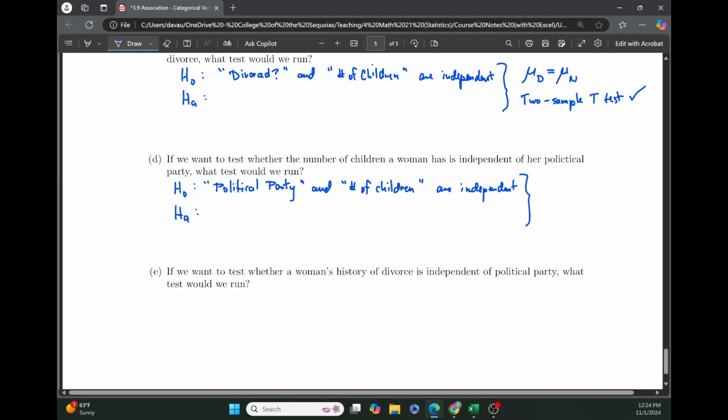This is going to be an ANOVA though, because we would compare, is the average number of children for a Democrat the same as the average number of children for a Republican? And is that the same as the average number for somebody who belongs to some other party? Or maybe they're different, right? And so we would run an ANOVA test because we're comparing three means.